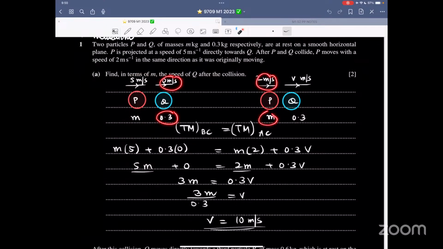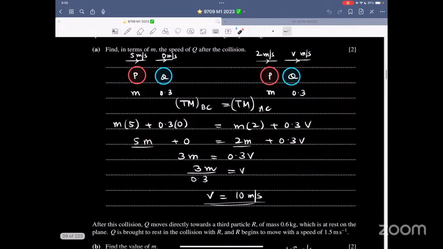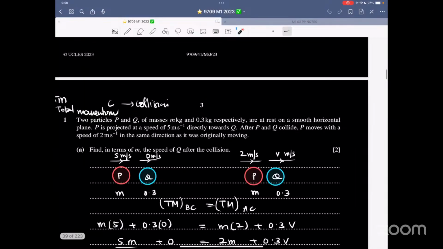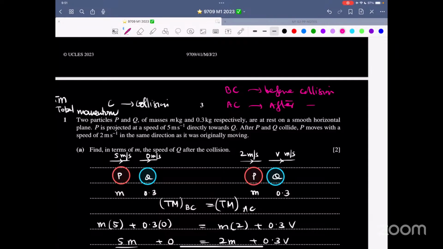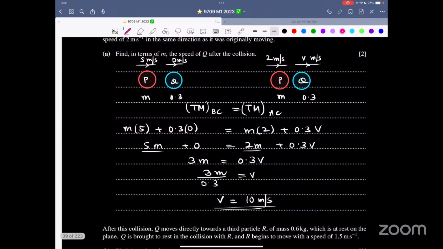Basically, TM stands for total momentum, C stands for collision. Total momentum before collision is equal to total momentum after collision. Let me write BC, that is before collision, and AC, that stands for after collision. This is called the principle of conservation of linear momentum.